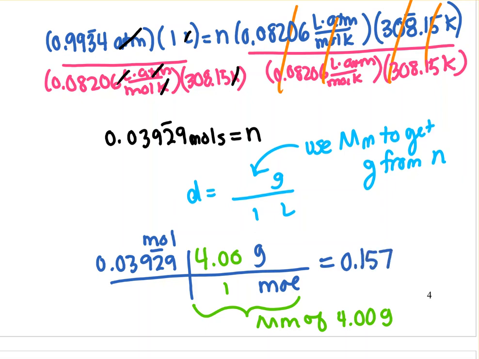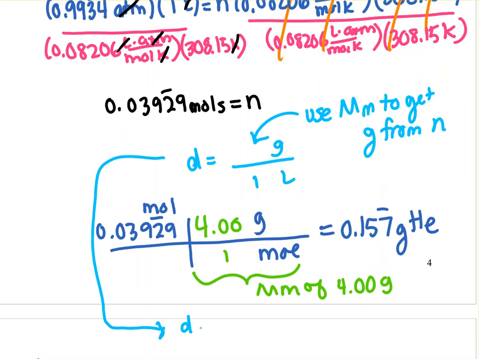And now finally I'm going to round off because I'm about there. I'm not going to have another step dealing with sig figs. And you can see why I used 1 for my volume.